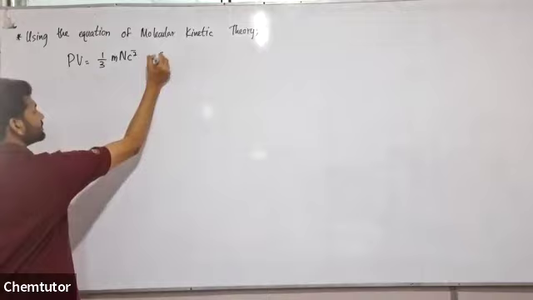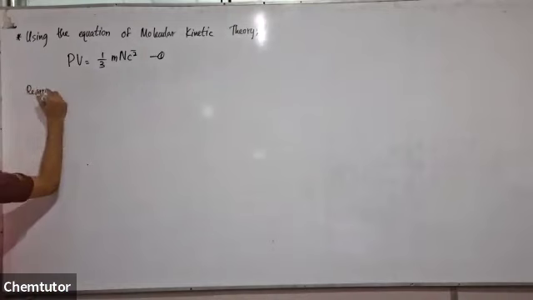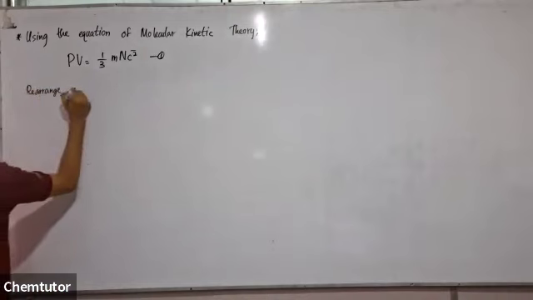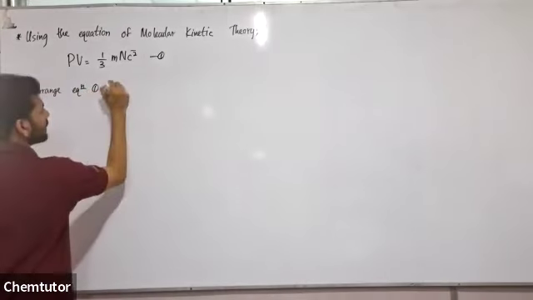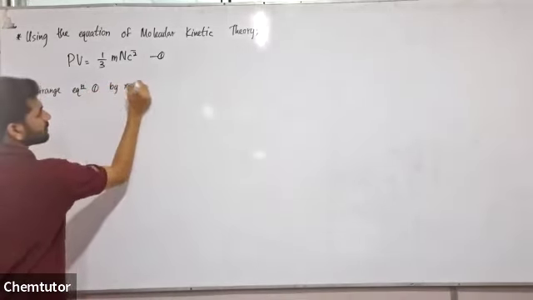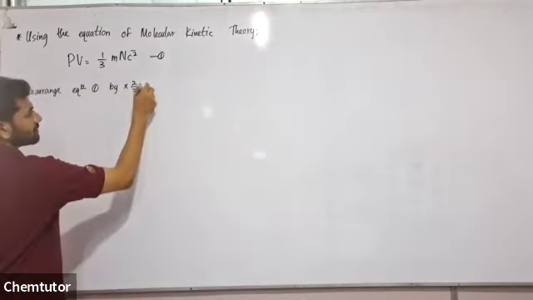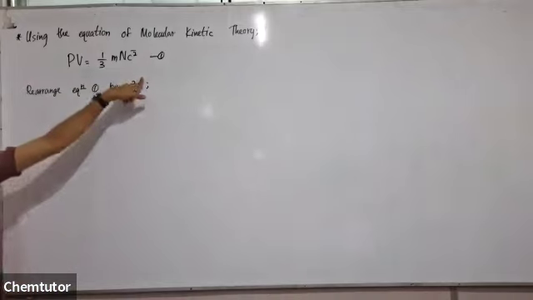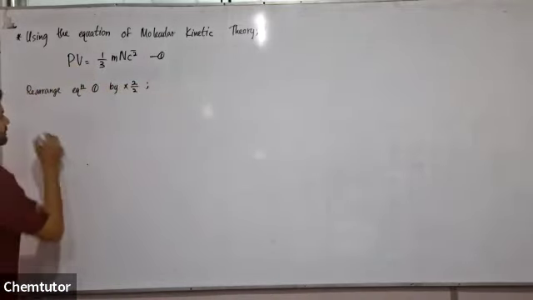Rearrange equation 1 by multiplying by 2 and dividing by 2. There's no change in the value, we are just rearranging.